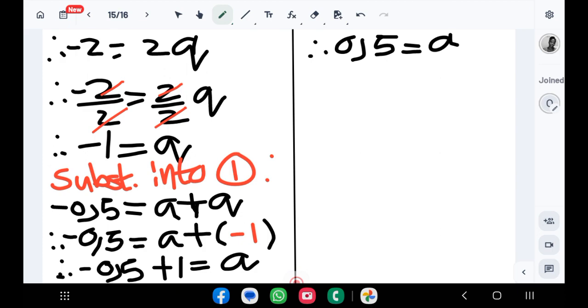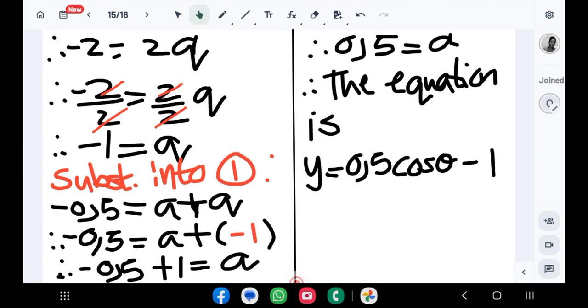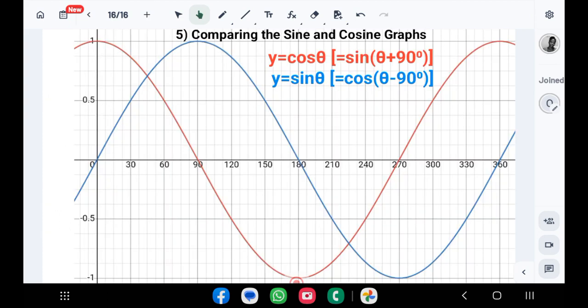Meaning that the equation is y equals, your a is 0,5, so 0,5 cos of theta, and then your q is negative 1, minus 1. And that is how you find your answer.